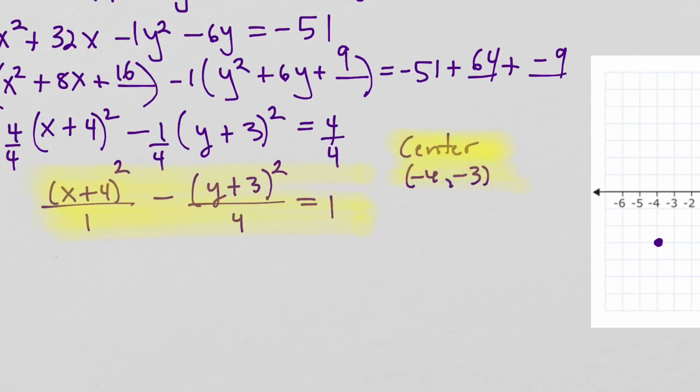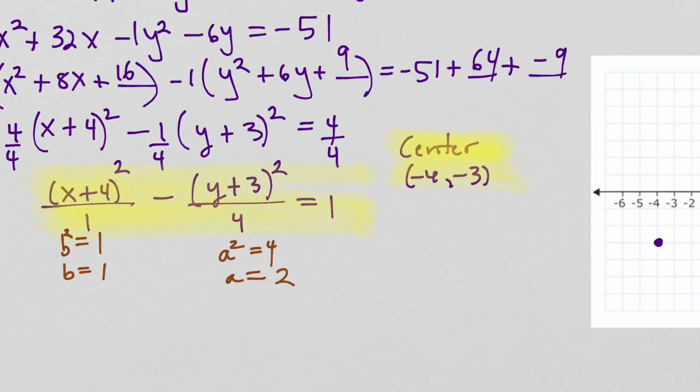Next, let's get a and b. So I look at these numbers on the bottom here. So I have a squared is 4. So that means a is 2. I have b squared is 1. So b is also 1. Square root of 1 is 1.